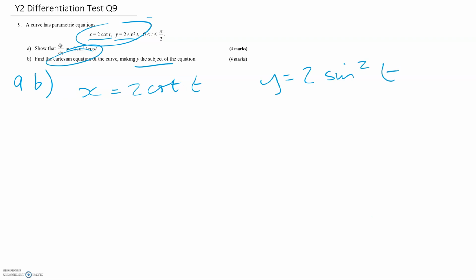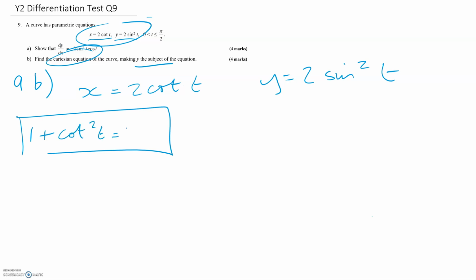Now it's certainly not obvious how to connect cot and sine squared, but what might be helpful is to use the fact that 1 plus cot squared equals cosec squared. That might help us out because cosec squared is 1 over sine squared, so that would connect these two equations together. To use that, we probably need to square this equation first.